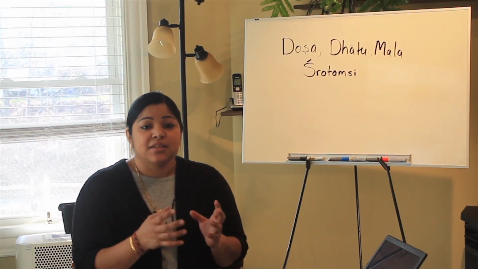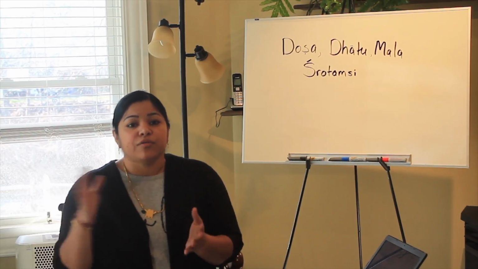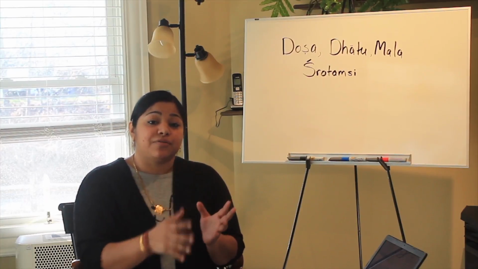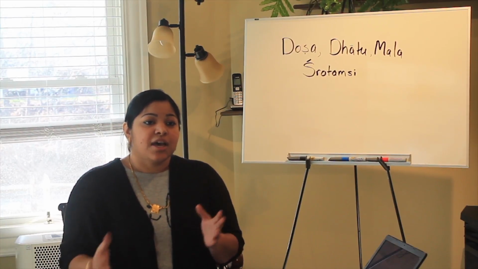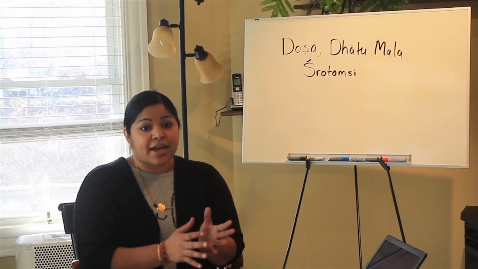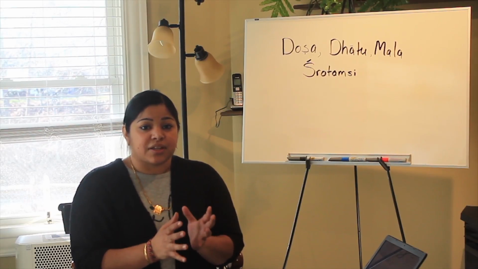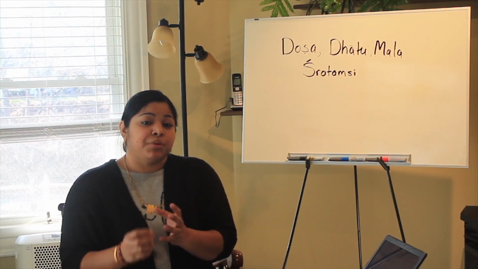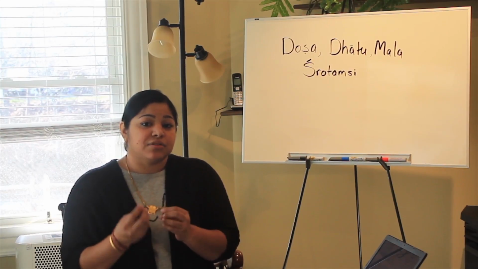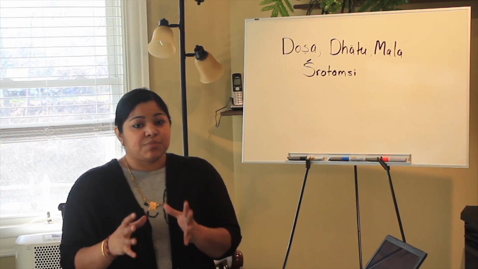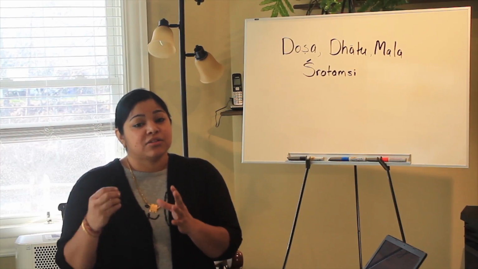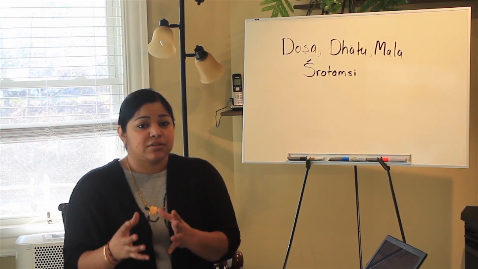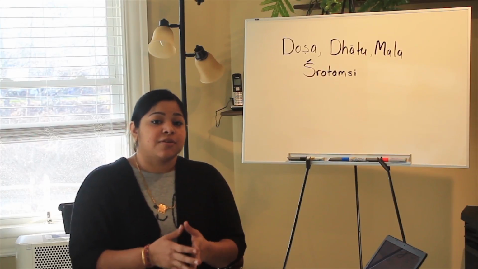Vata has the ability to move all over the body and to affect all of the other structures. In comparison to the minuteness of Vata, Pitta is a little bit less. Pitta also moves and carries out certain functions, but it is more stagnant and requires the push of Vata to produce its functions.